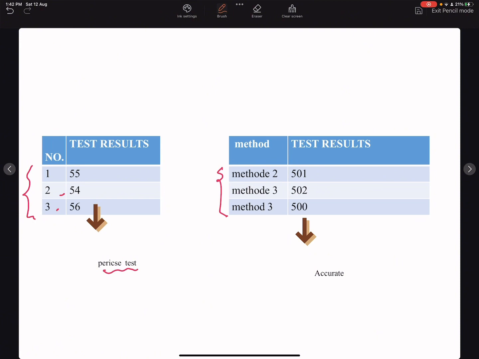If method 1 gives us a reading of 501 and method 2 gives us 502, while method 3 gives us 500, all the results are very near to each other. This shows that the methods are accurate, or the one we want to compare is accurate in comparison with the other methods.